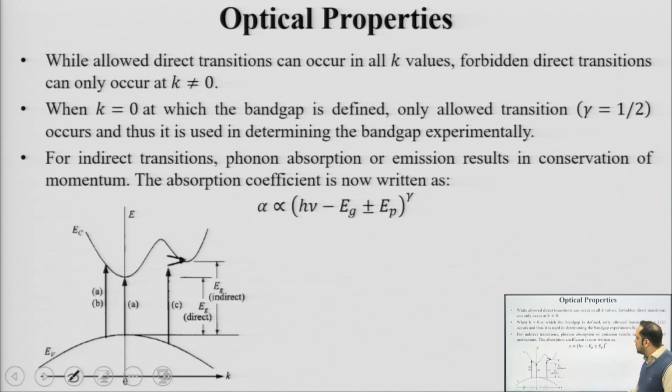So, at k equal to 0, this distance is your energy band gap. If the value of momentum remains the same, it is direct recombination. If it is not the same, it is indirect recombination. The absorption coefficient now becomes slightly different.